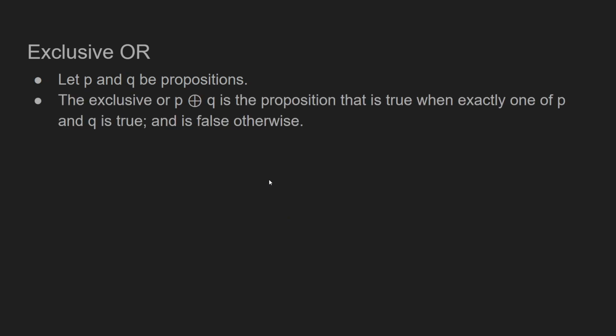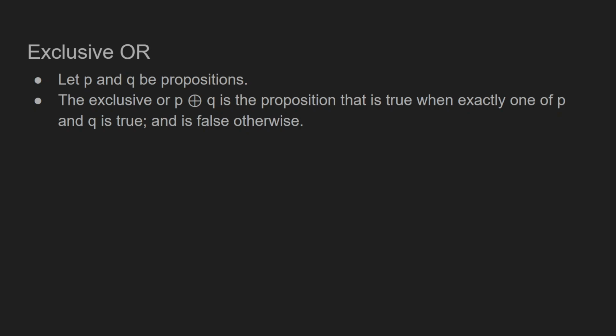Exclusive OR. This is my favorite topic. Let P and Q be propositions. Look very carefully. The exclusive OR, denoted by P XOR Q, is the proposition that is true when exactly one of P and Q is true.